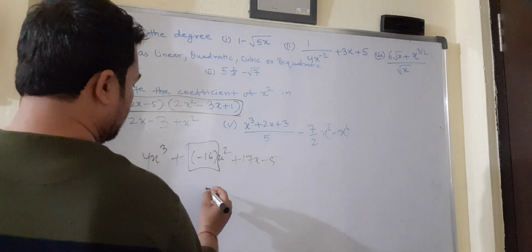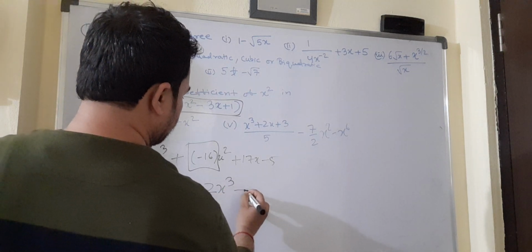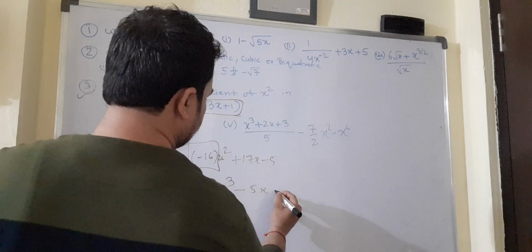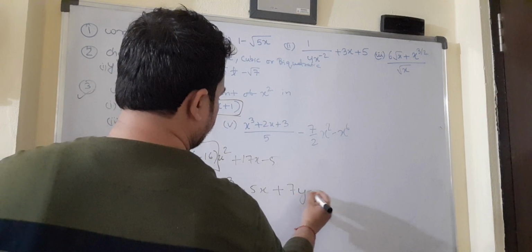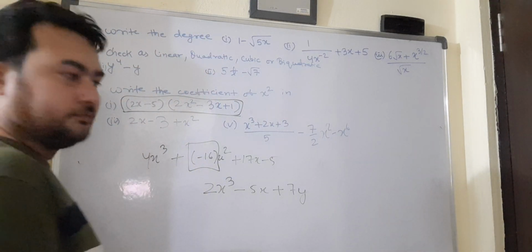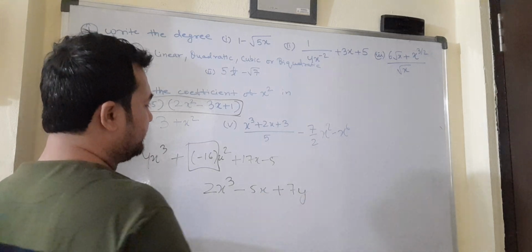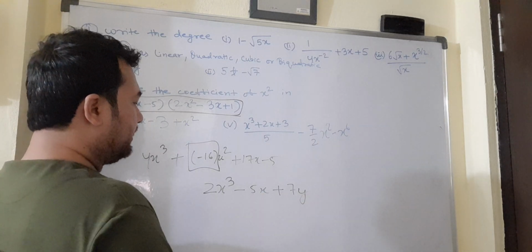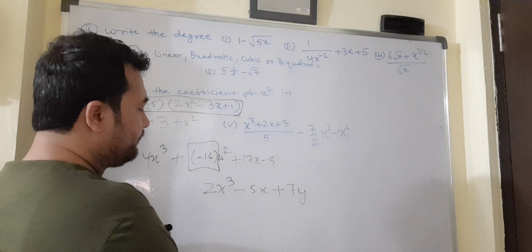If I ask you, tell me the coefficient of x in 2x cube minus 5x plus 7y, it is a polynomial, and I am asking you about the coefficient of x in this polynomial.